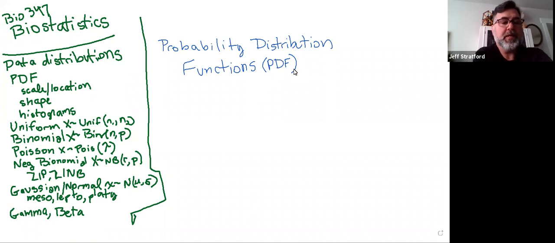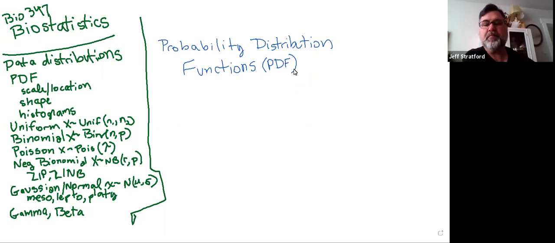Okay, when we talk about PDFs of any data distribution, so you think about coin flips, the distribution of human heights, the number of white blood cells in a blood cell counter, or the distribution of patients coming into a hospital with a particular disease, all those distributions take on a particular shape. And we use histograms to explore those shapes.